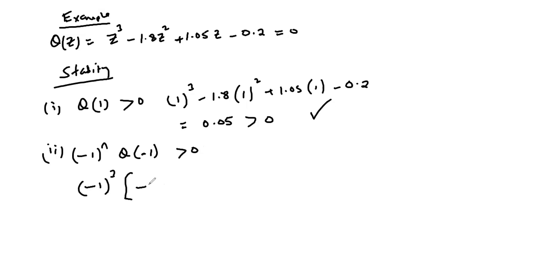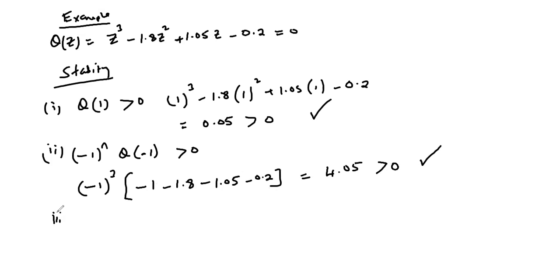So we'll have negative 1 cubed, where there is Z we replace with negative 1, minus 1.8, minus 1.05 times Z, Z is negative 1, that gives us 1.05, minus 0.2. Negative 1 cubed will be negative, the whole of these terms will be negative, and this is 4.05, which is greater than 0, and the second condition is met.